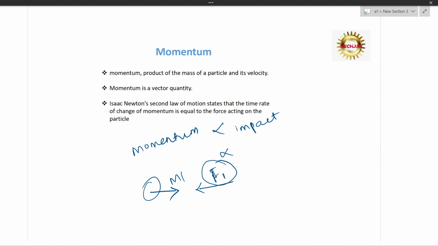This F1 is totally dependent on this momentum. So if the momentum is high, we need to apply more opposite force to stop this vehicle. So momentum is directly proportional to the opposing force.